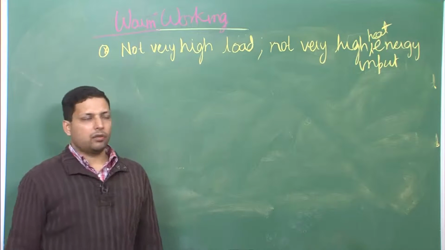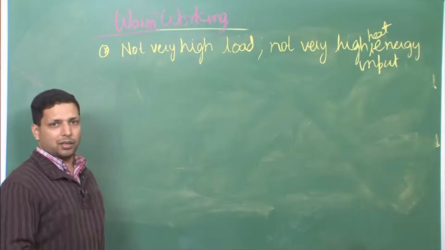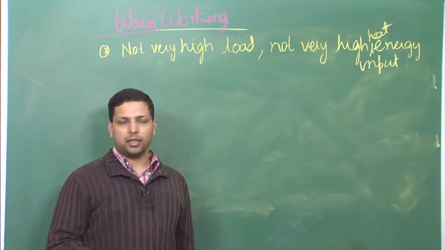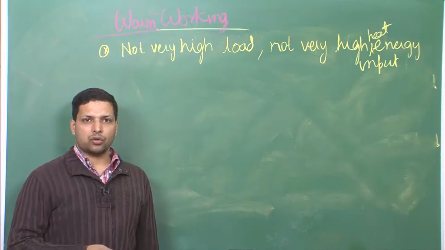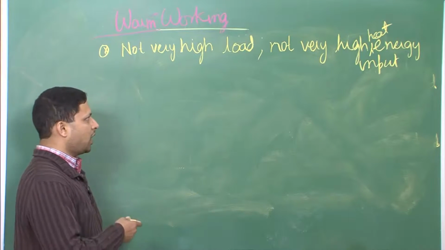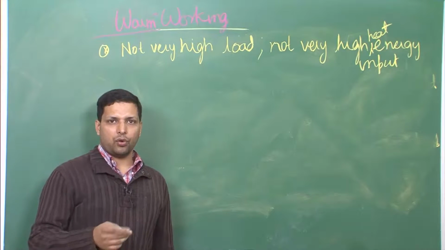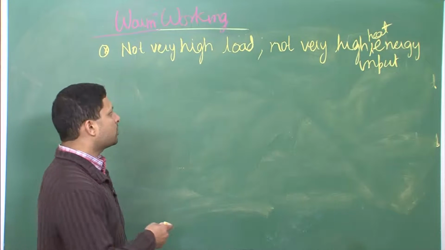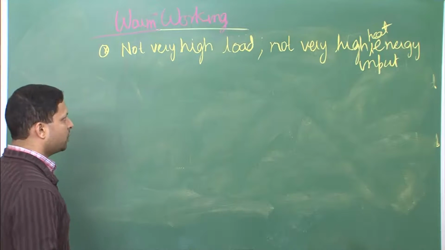So, there will of course be some amount of additional heat energy required compared to cold working, but it is not as high as that required in hot working. Similarly, the load requirement is not very high, but it is still higher than what will be required for hot working. So, if you are trying to get a compromise, then you also have to make a compromise in terms of load requirement and heat energy requirement.